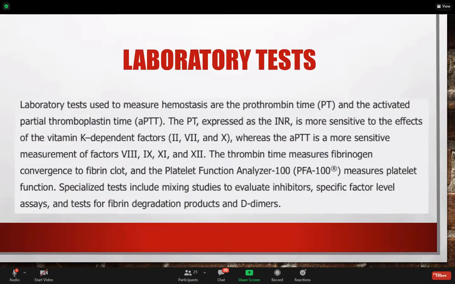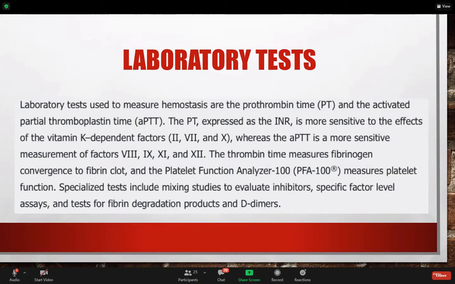Laboratory tests, well, prothrombin, which we call PT, as well as the activated partial thromboplastin time, APTT. Those are very common orders. PT is expressed as INR, just to have standardized numbers internationally.